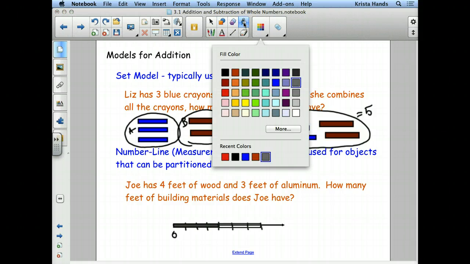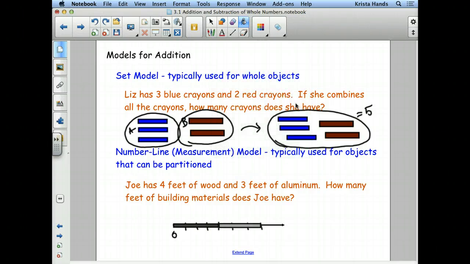Do you see the difference? I'll do this lighter shade of gray just for fun. There's my aluminum. If I count out, here's to 4, and then 3 more, I'm to 7, so the answer, of course, is 7 feet.